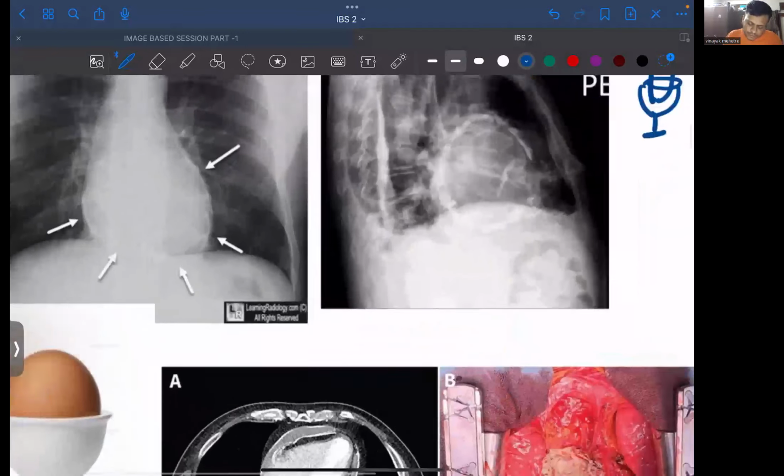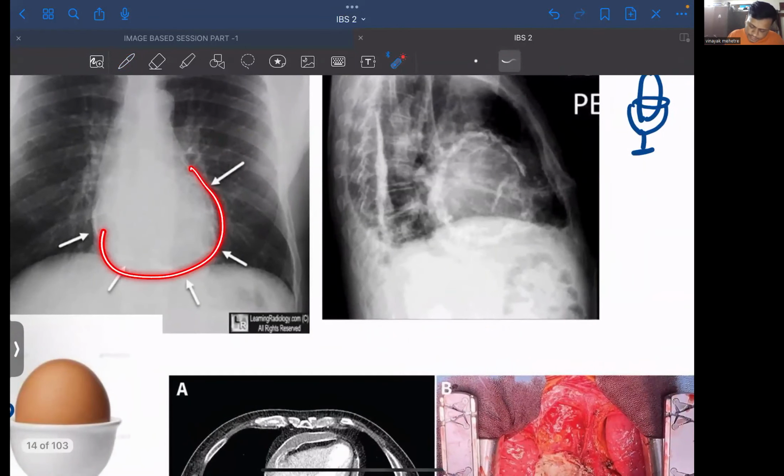What have you seen? You have seen a white line over here, right? Now comes a black line.